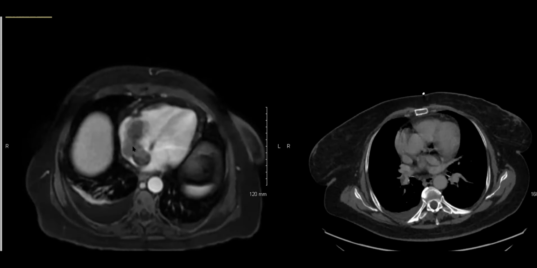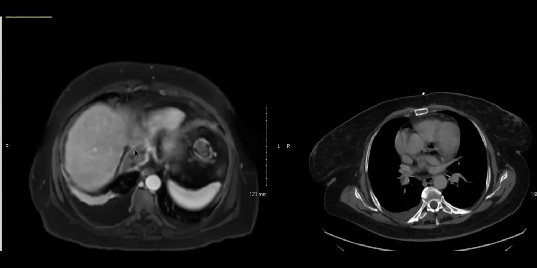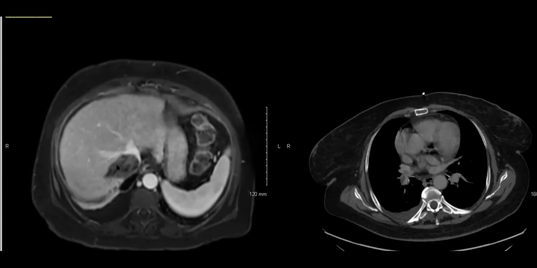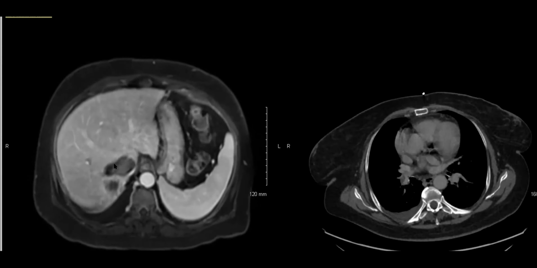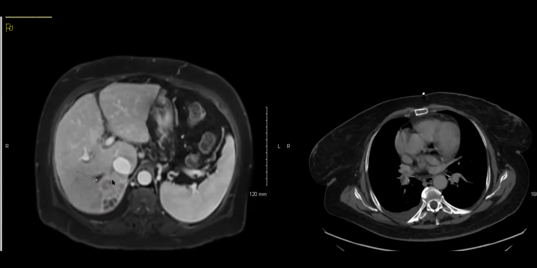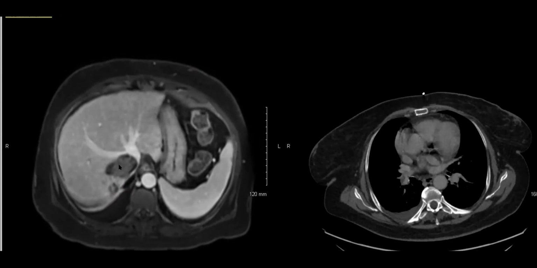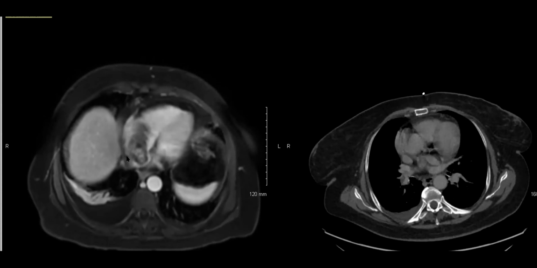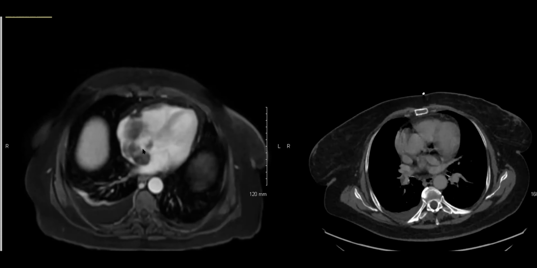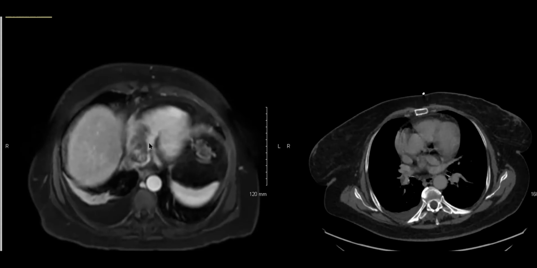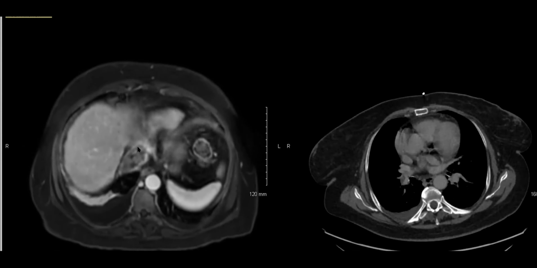And this is her post-gad. You can see a lobulated enhancing mass, which is in contiguity with this mass in the right hepatic vein, coming down, and then in contiguity with this big parenchymal mass. So this is an incredibly sad case. She's in her 50s or 60s, I believe. She did not know that she had cirrhosis.